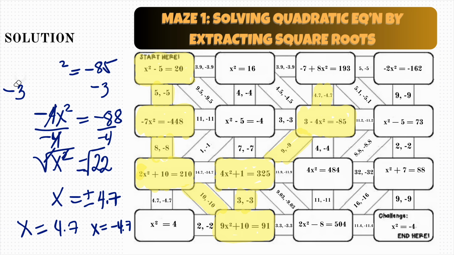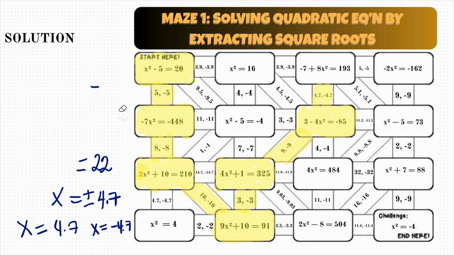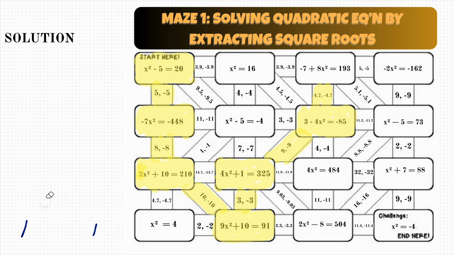The next question is negative 7 plus 8x squared equals 193. Now, negative 7, we have to eliminate on the left side of our equation.